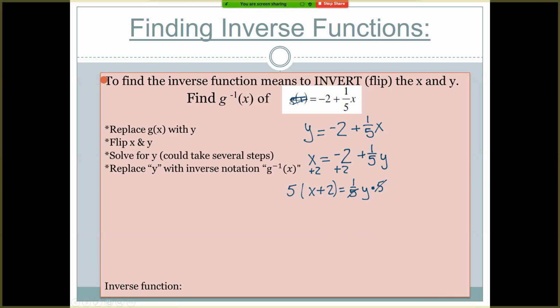You can either leave it as 5 and then parentheses x plus 2, or you can distribute it, doesn't matter. So 5x plus 10, if you distribute it, equals 1y or just y. Then go ahead and write your answer in inverse notation. This time we have g inverse of x equals 5x plus 10.